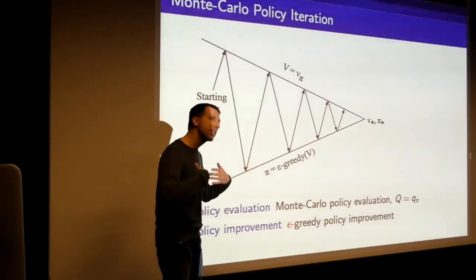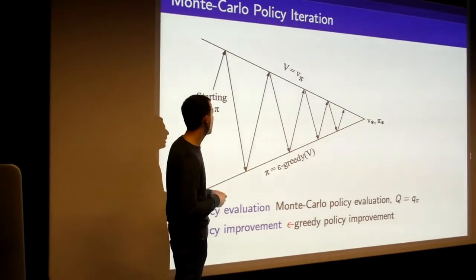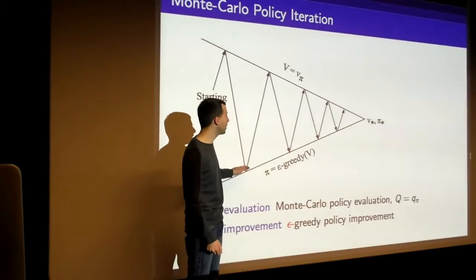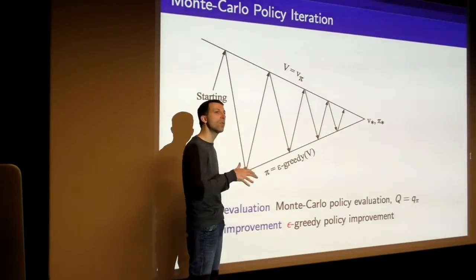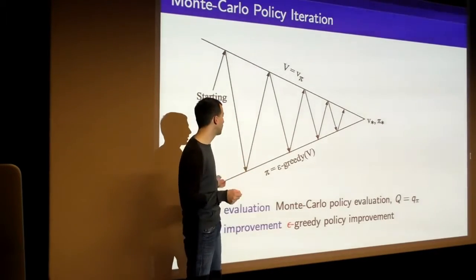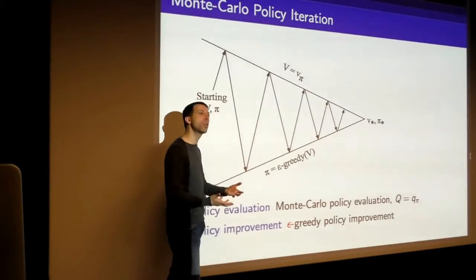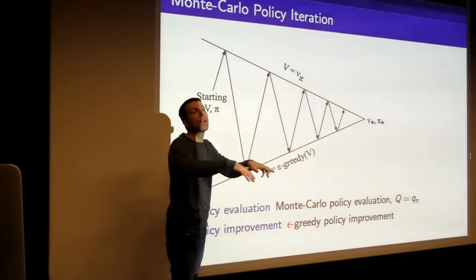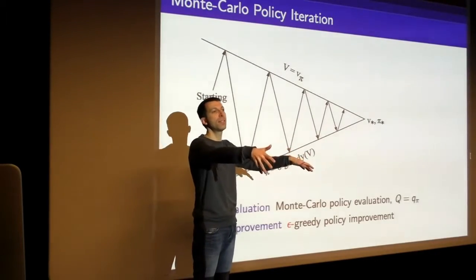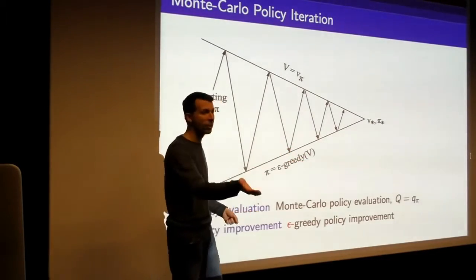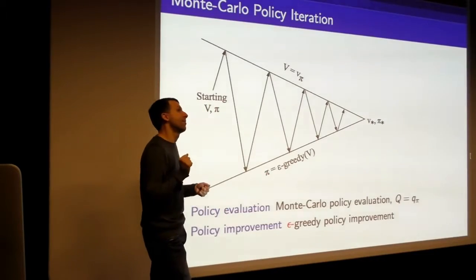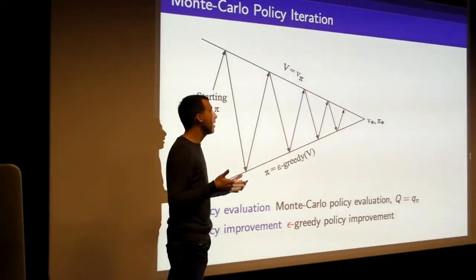But now, we've also changed our policy improvement procedure to use this epsilon greedy policy improvement, where we basically have this softening of the greedy idea. Every time we go down, we're not getting to the completely greedy policy, we've got a little bit of exploration left. So the policy is always stochastic, and that stochasticity ensures that we, at some rate at least, explore everything in the environment. Now, as pointed out by the question, the rate at which you actually see things might still be very, very slow.